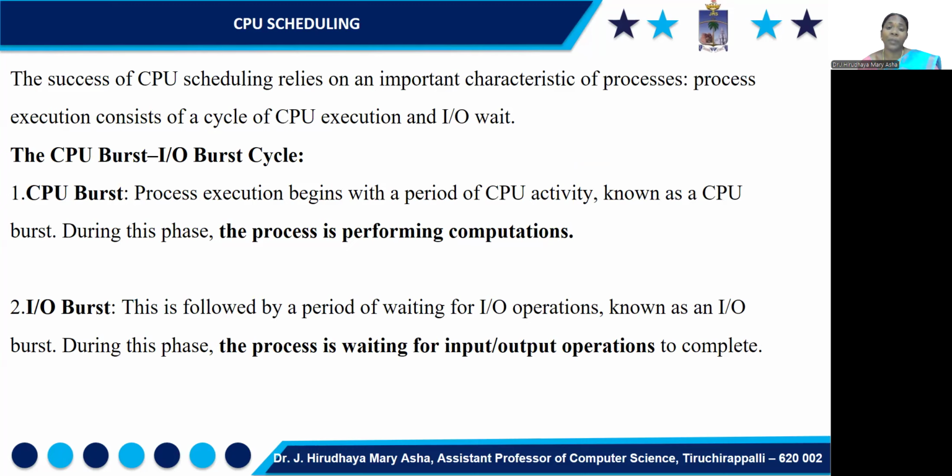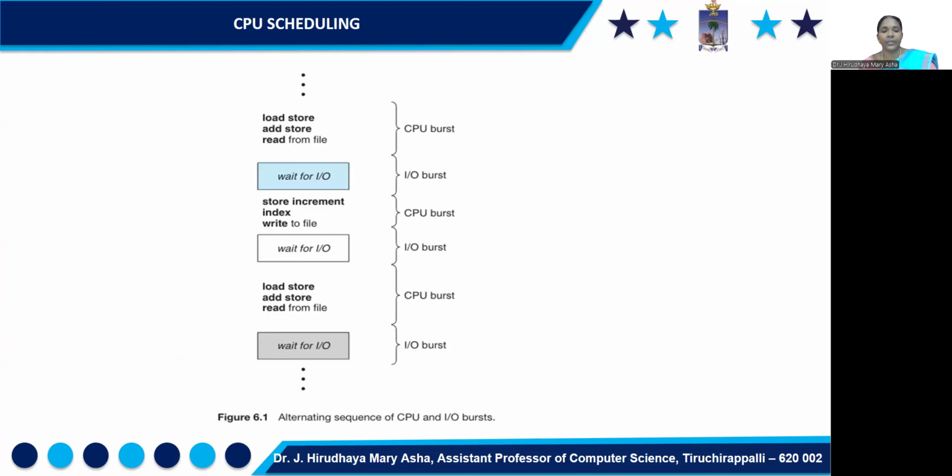Now P1 enters into the waiting state and P2 gets the execution phase. Likewise, the CPU also enters into the CPU burst and the IO burst. CPU burst means computations are being performed. IO burst means the CPU has to wait for getting the process ready. This is a diagram representing the CPU burst and the IO burst.